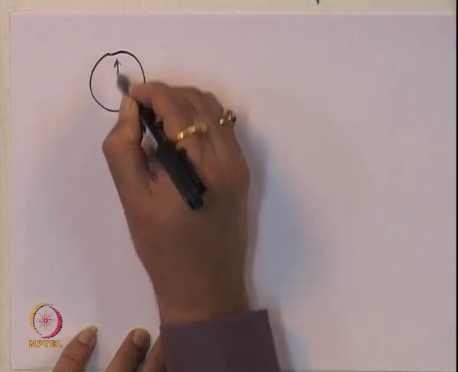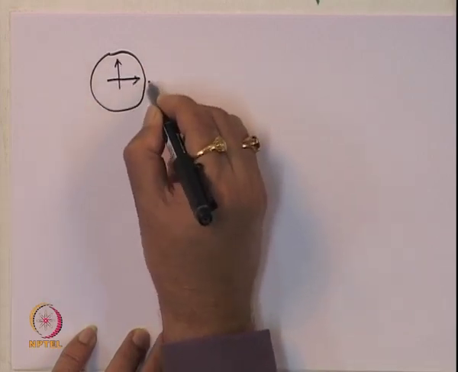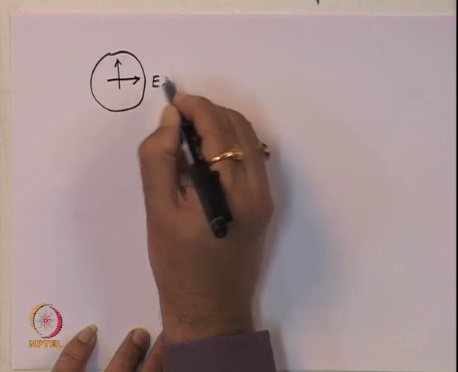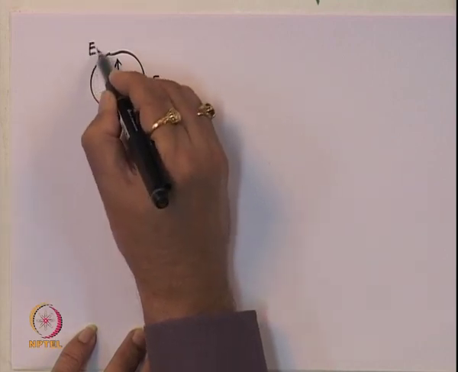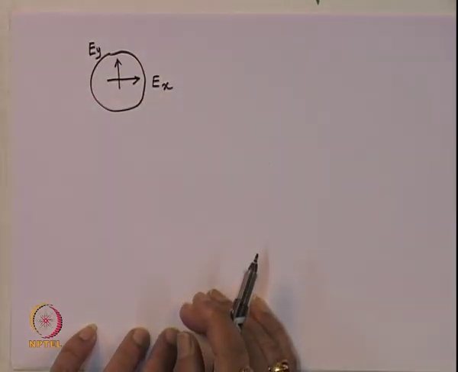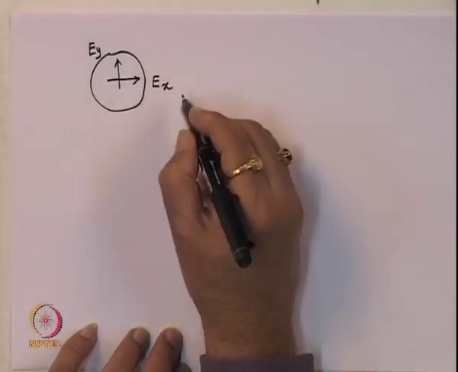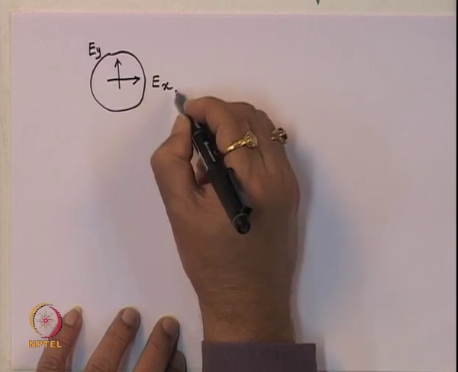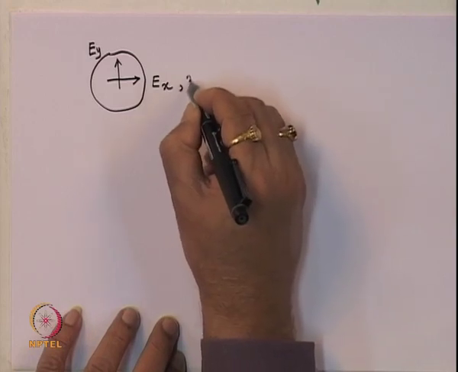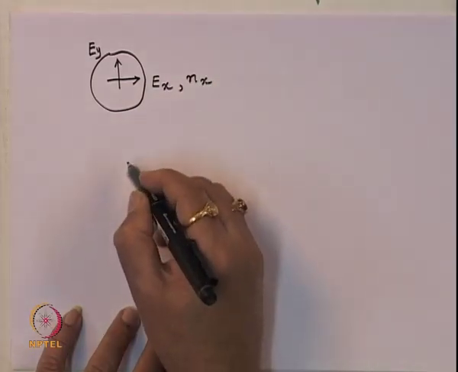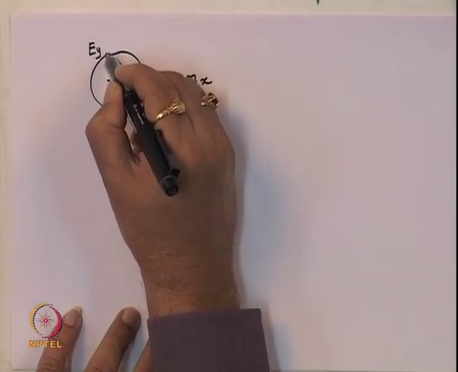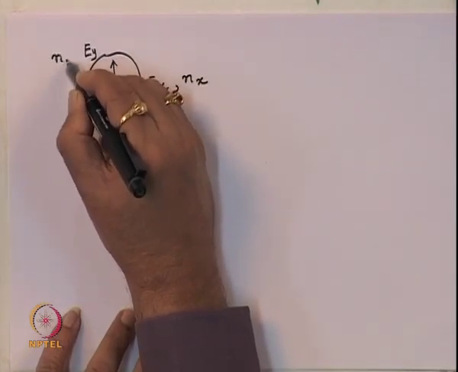Now, as we said, if you are having the optical fiber core, the two fields which are perpendicularly polarized, let us say this field is E x and this field is E y, travel with different velocities, or in other words they see different effective refractive indices. Let us say this one sees refractive index n x, and this one sees the effective index n y.